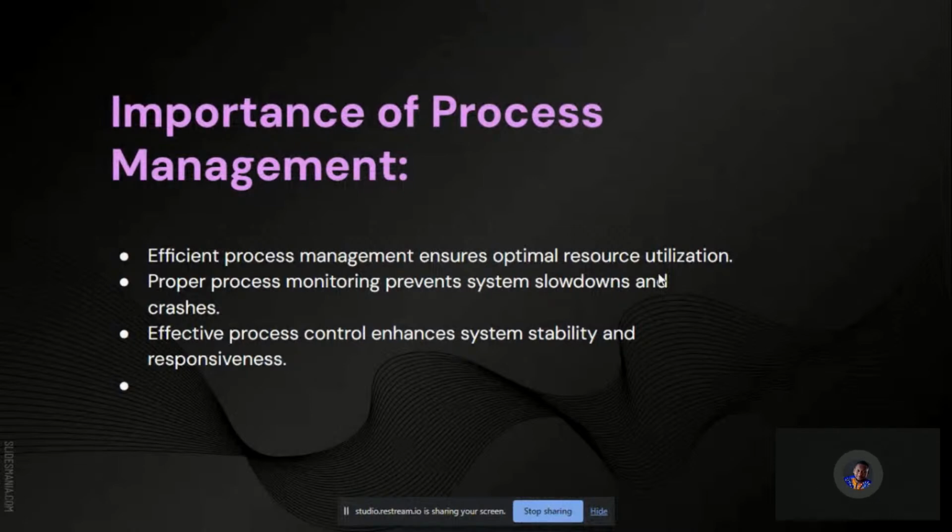So if you monitor your processes properly or frequently, you would know if there's a problem in the entire system and something is crashing, not working, or slowing down. You can use your monitoring just to check which process is crashing the entire system. Do you get me? Effective process control enhances system stability and responsiveness.